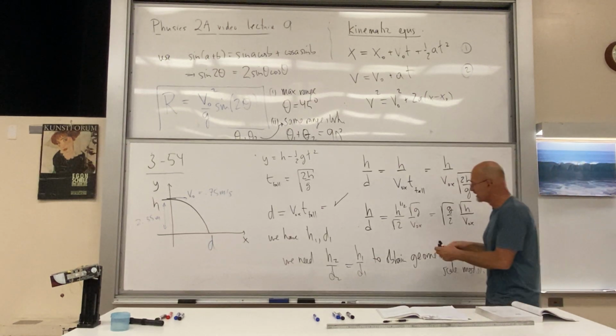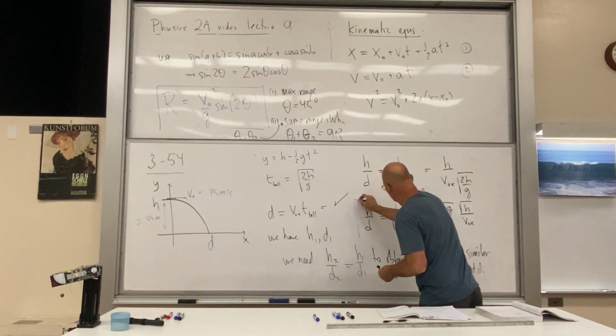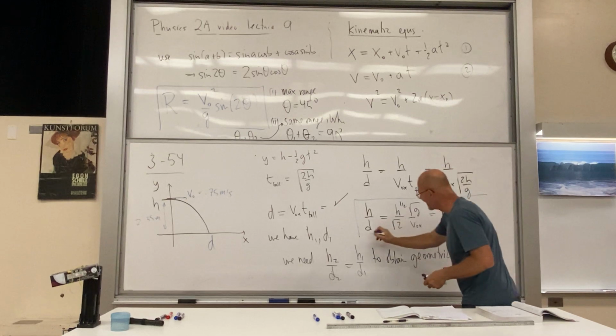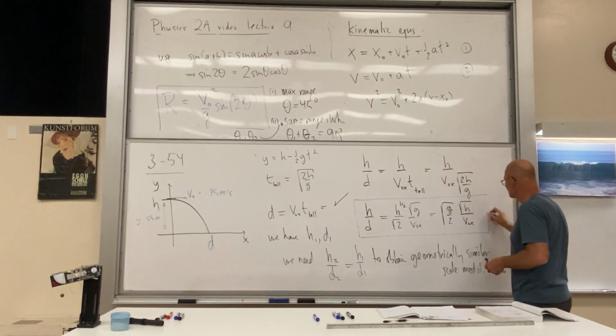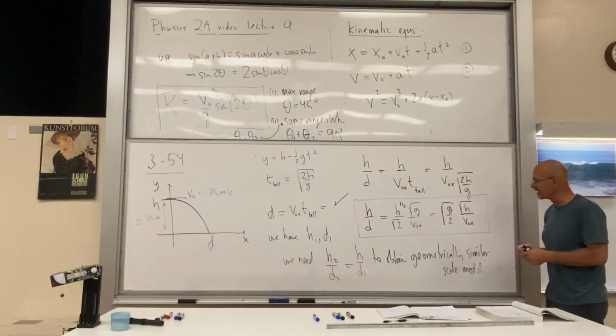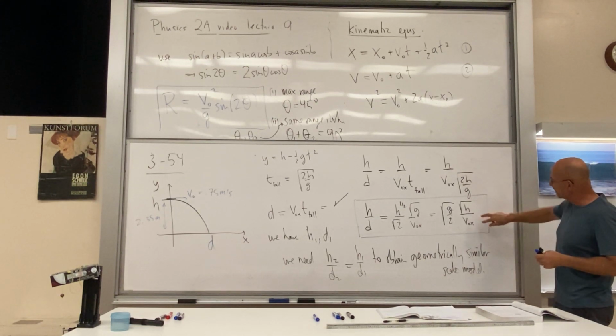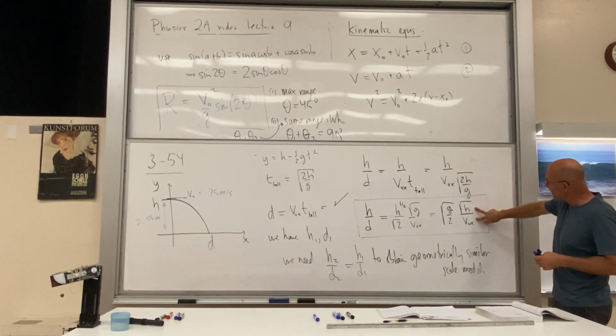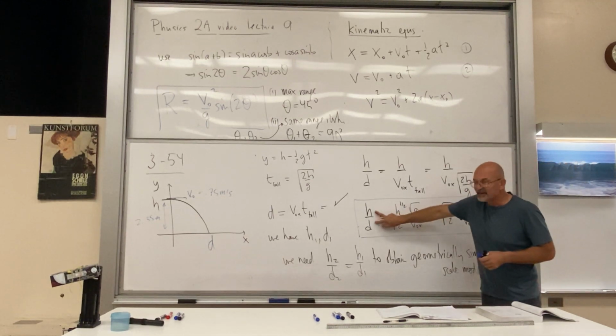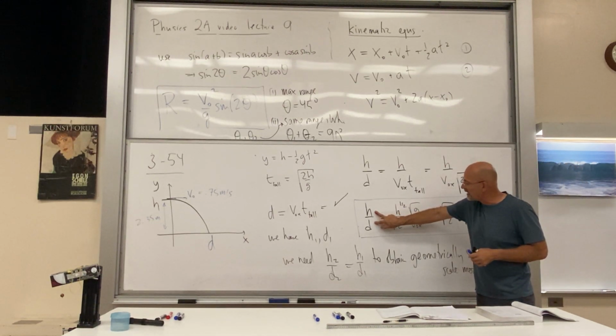So this is the quantity that has to stay the same. This is how it's going to scale. This is how you scale your speeds and your heights in order to retain the original. Okay, so this is a constant.